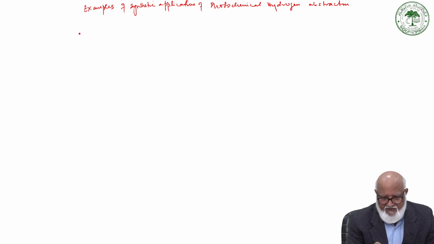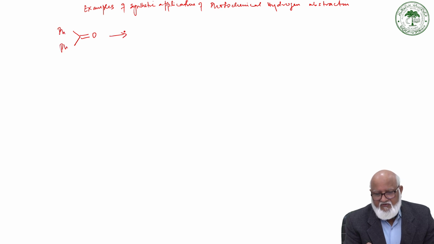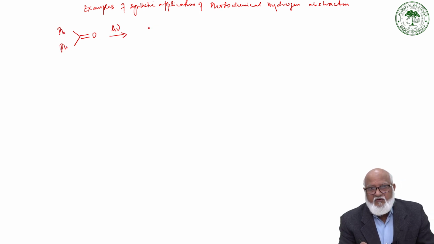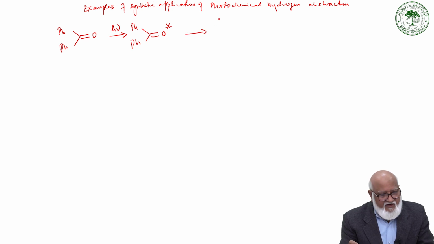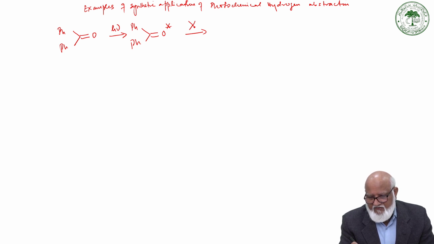So in this one, we have benzophenone. This, in the presence of light, can go to an excited state, an excited carbonyl, and this excited carbonyl reacts with benzhydrol. So, for example, it can abstract a hydrogen atom from benzhydrol.